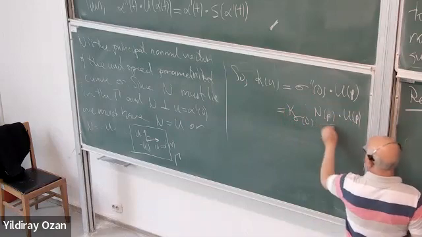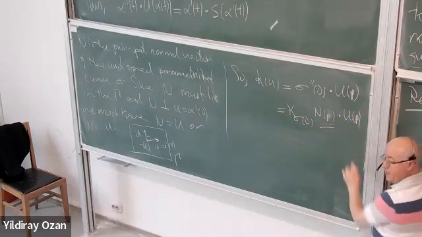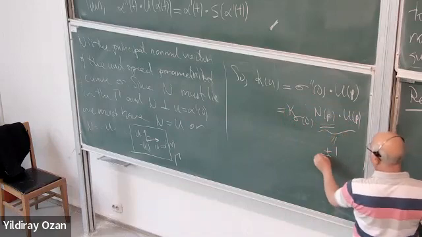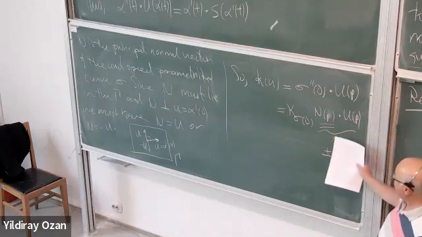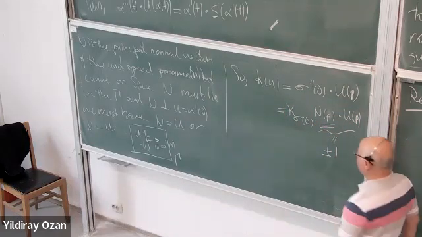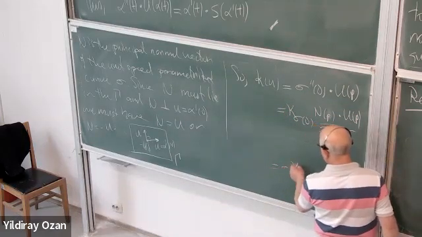But this vector is either this one or its negative. Therefore, this dot product is plus or minus 1. If they are in the same direction, it is 1. Otherwise, it is minus 1.